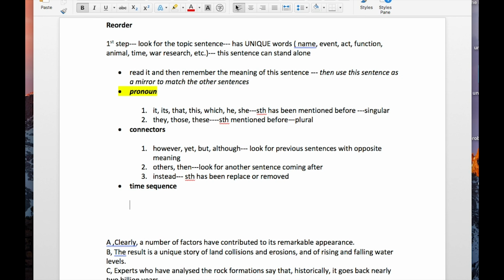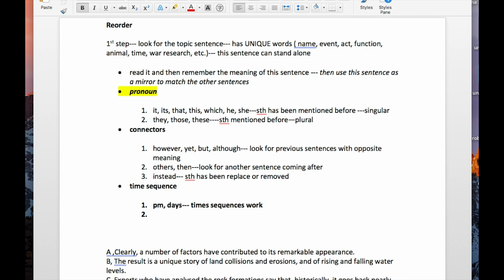If you have PM or small days, then time sequence works. But however, if you have year, then you need to be very careful.